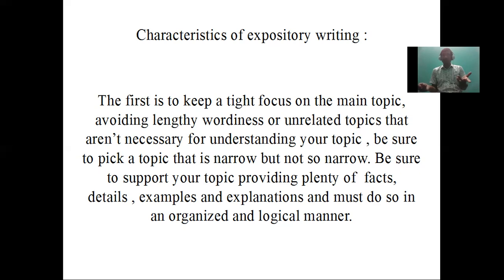It can be an example, but it is not the main thing, isn't it? Or environmental pollution and corruption, somewhat different. So just give those sentences that are very much related to your main topic, but no unrelated topics or lengthy wordiness is required for expository writing.